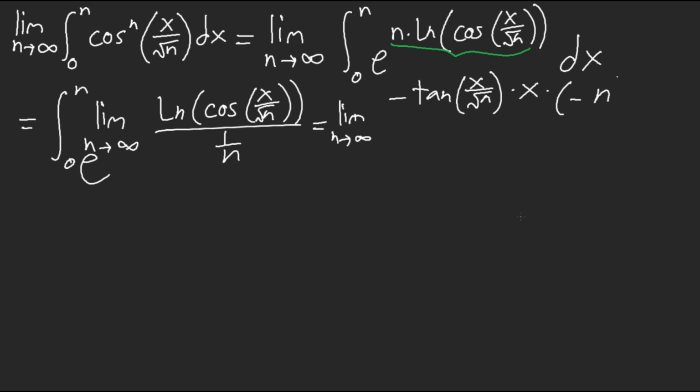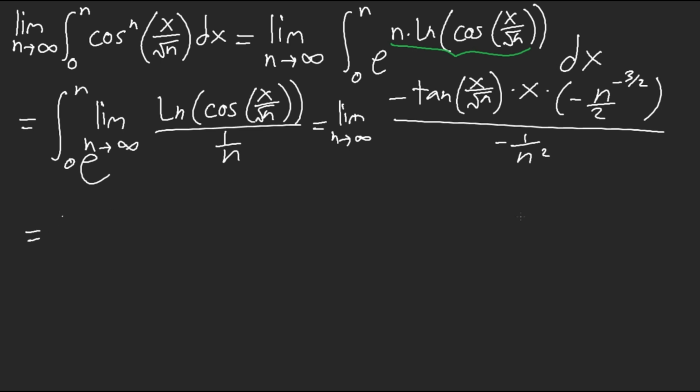I can't do it in my head. Negative half, so we have negative 3 over 2, I think that's correct, with x, and then we have negative 1 over n squared.